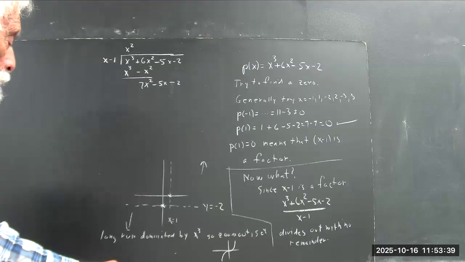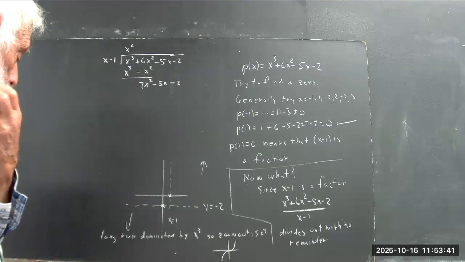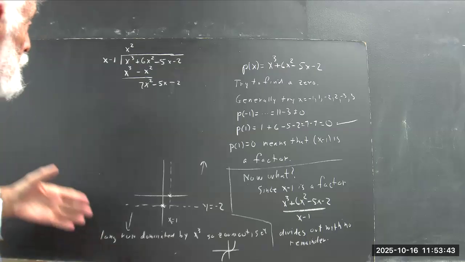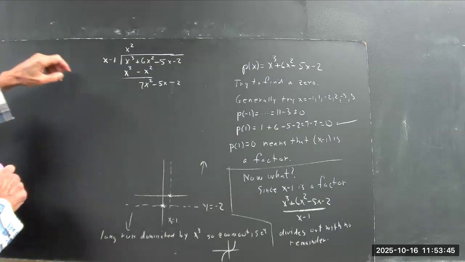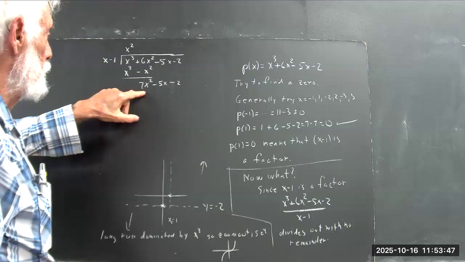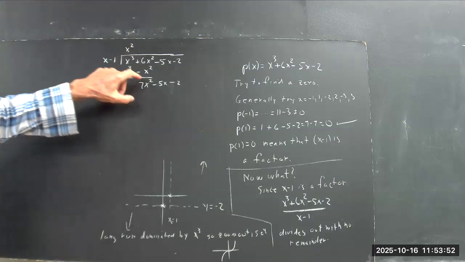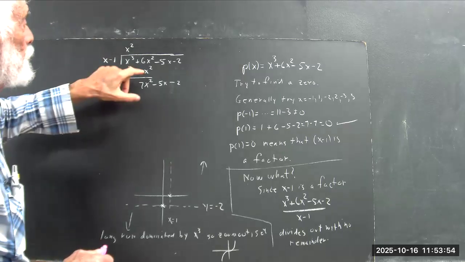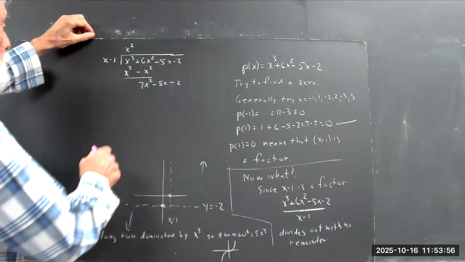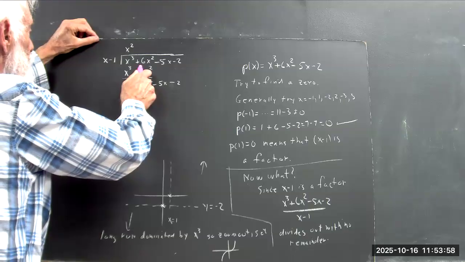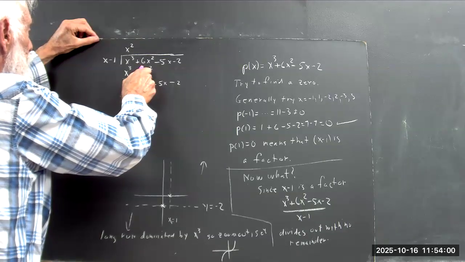Now, it's good to remember that, but there's a procedure we follow. How do we get 7x squared out of 6x squared and negative x squared? Well, we subtract the negative x squared. If we subtract negative x squared, that means we're really adding x squared.